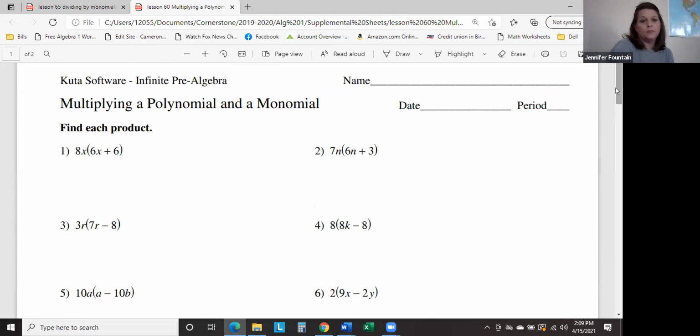I want us to make sure we've got plenty of practice multiplying a polynomial by a monomial. For those of you that'll be here on Monday, I'll print out these sheets. I'll email them also, so we'll have them.